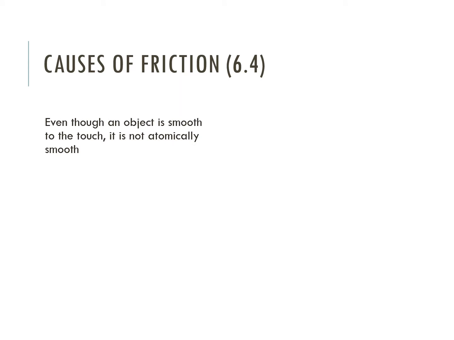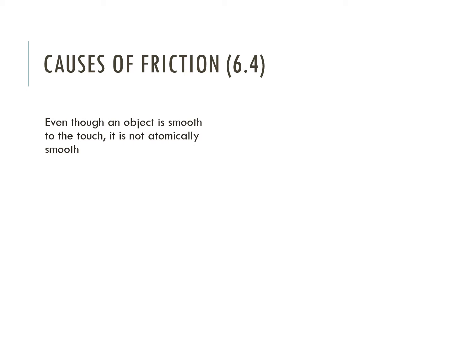So we need to talk really briefly about the cause of friction. So we know from our day-to-day lives, stuff has different textures, right? Some stuff is smooth, some stuff is rough, some stuff is even rougher. Other stuff can be even smoother. It all just depends on the application of the object.